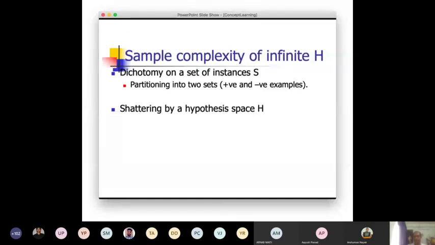When you partition a given set into 2 sets, positive and negative examples, how many possible partitions are there in that case? Suppose I give you say 3 points, 3 instances. How many possible partitions?